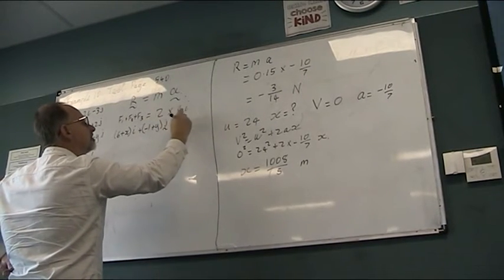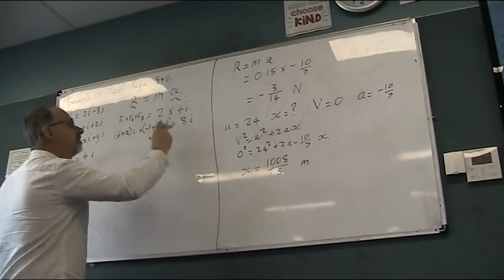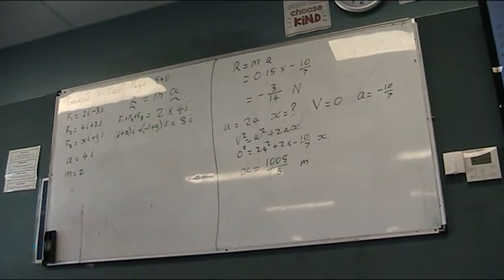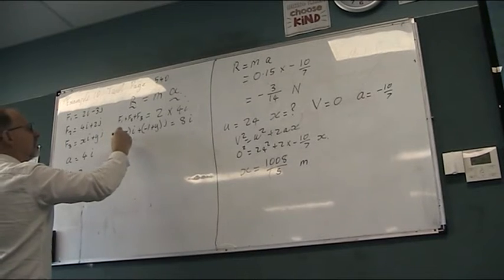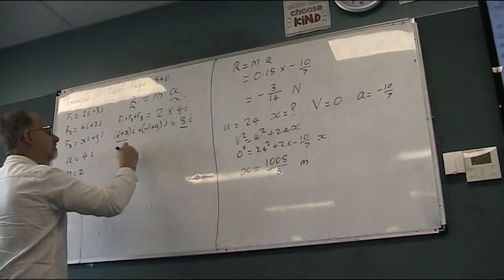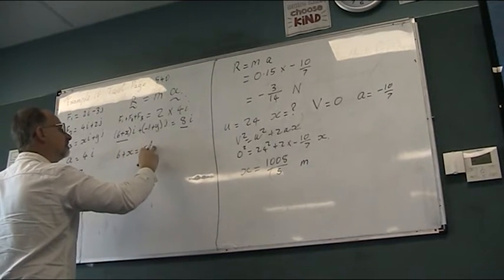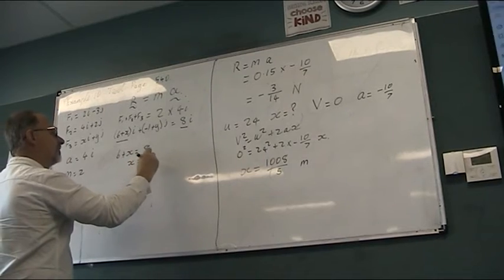And that equals 8i. So now we've got to equate our components. 6 plus x has got to equal 8, so x should be 2.